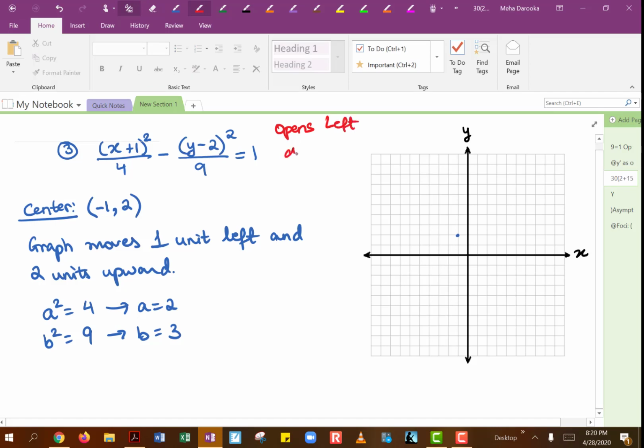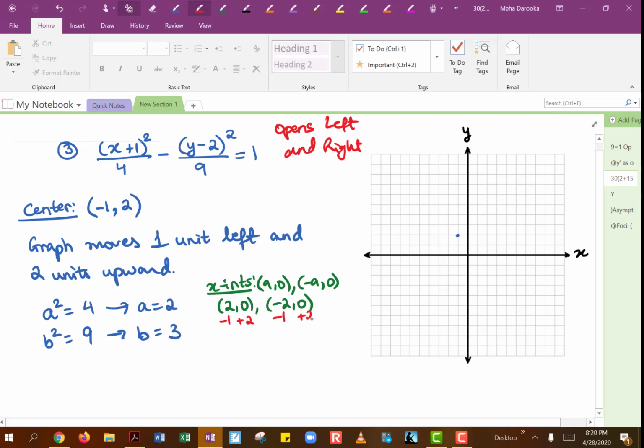Normally, you would have had your x-intercepts for the original function at (a, 0) and (-a, 0), which will be (2, 0) and (-2, 0). But since our graph is moving 1 unit to the left and 2 units upward, we will be subtracting 1 from the x value and adding 2 to the y value.